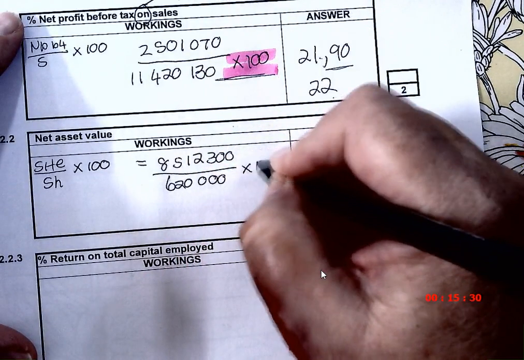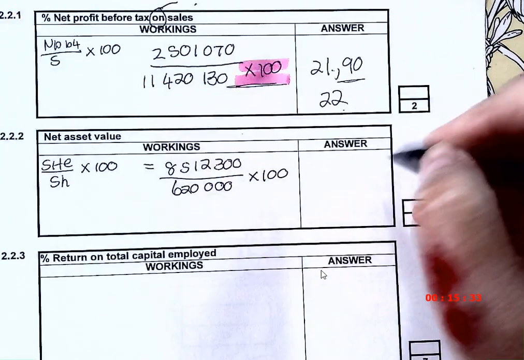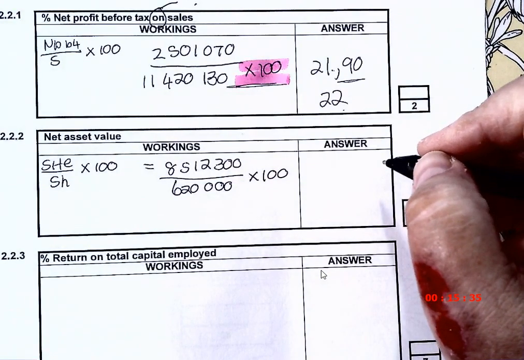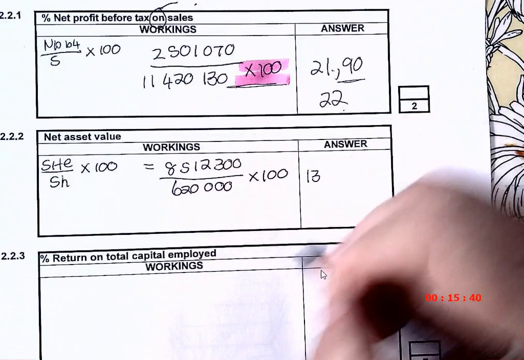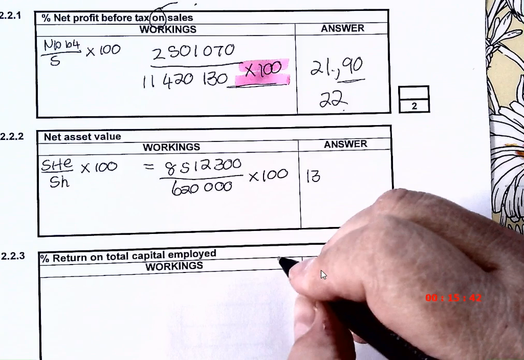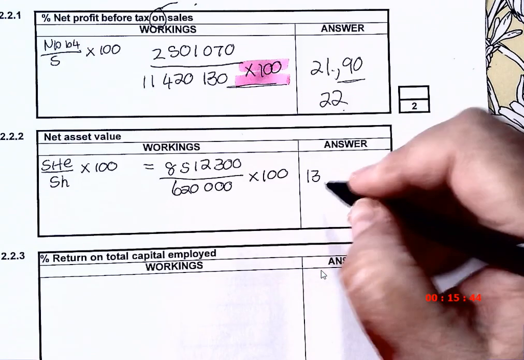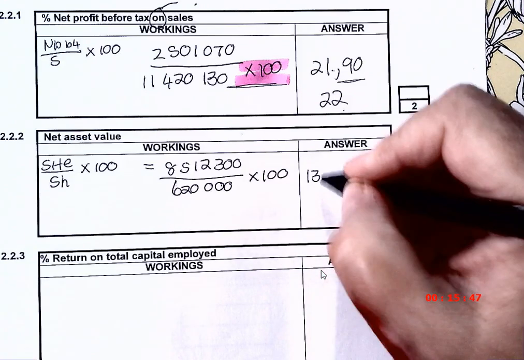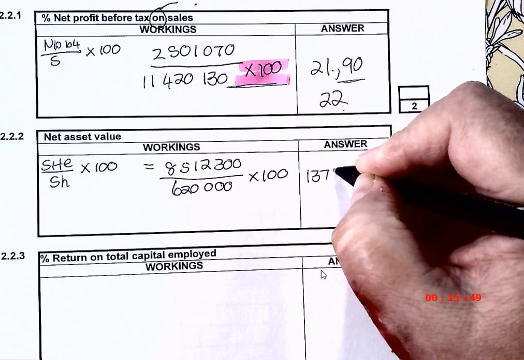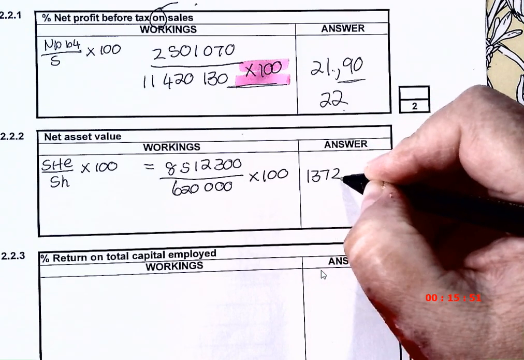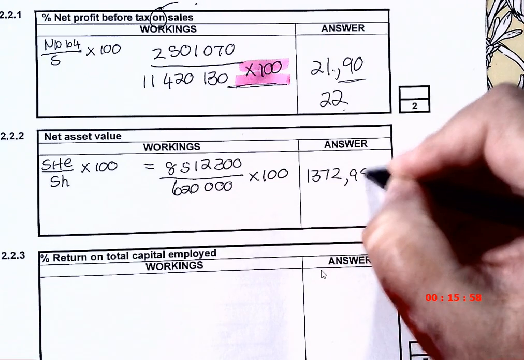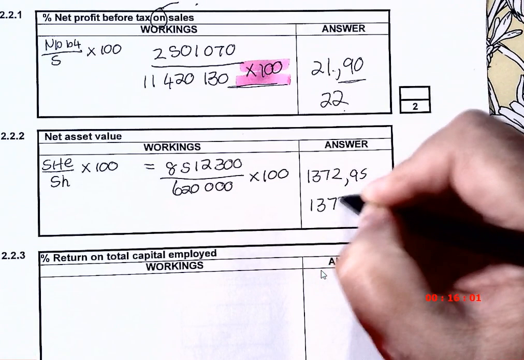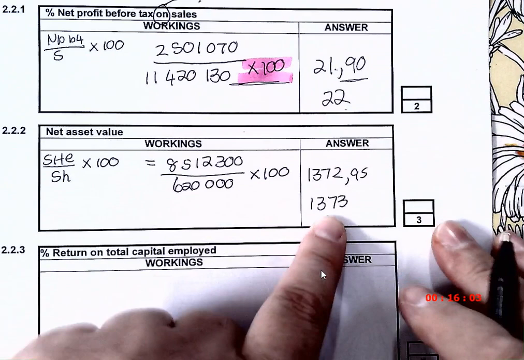And that gives me 1372, and you times with 100. So this is 1373 and this is cents.